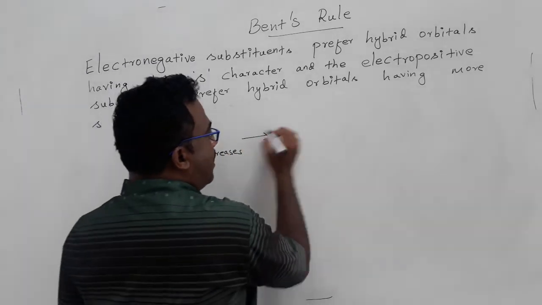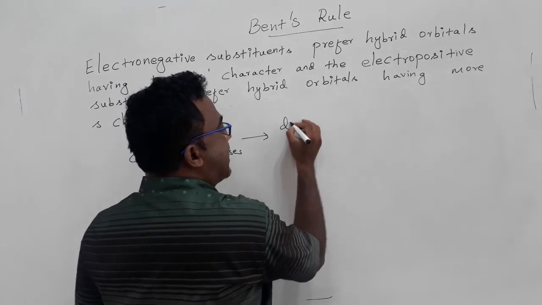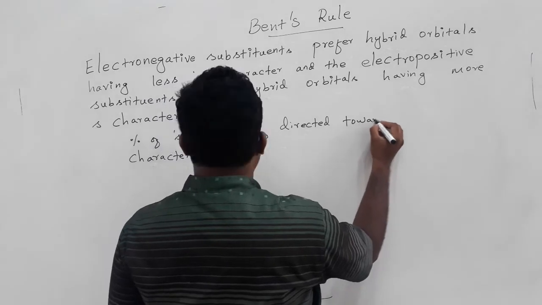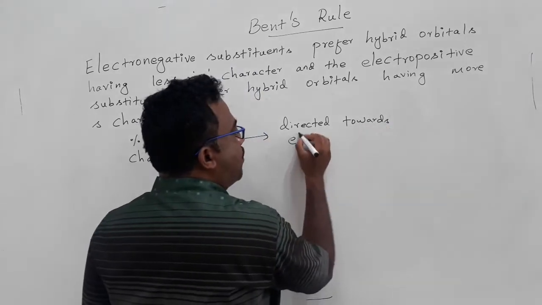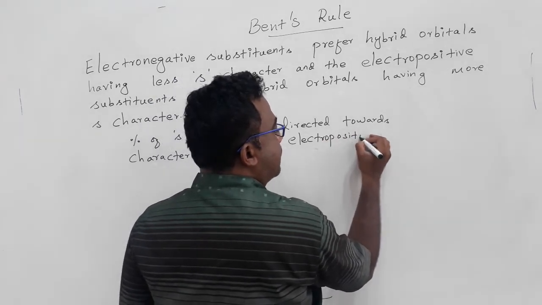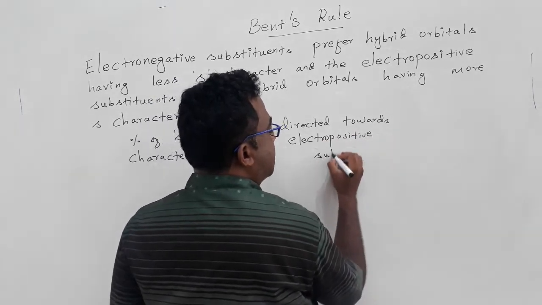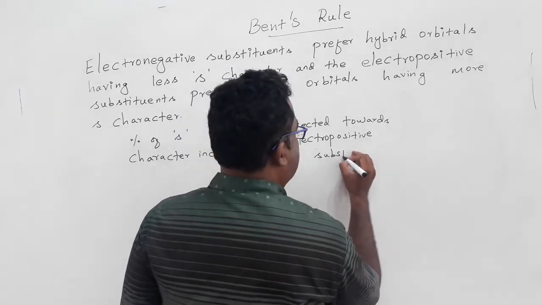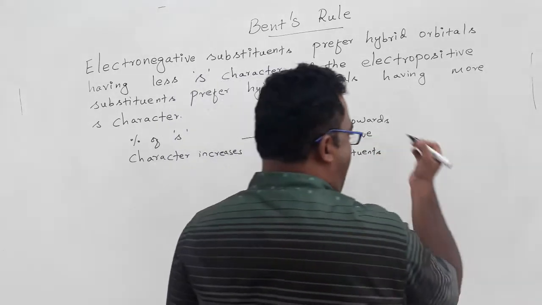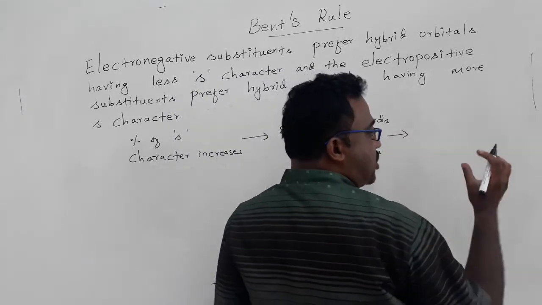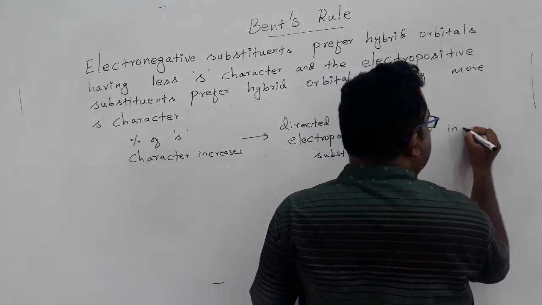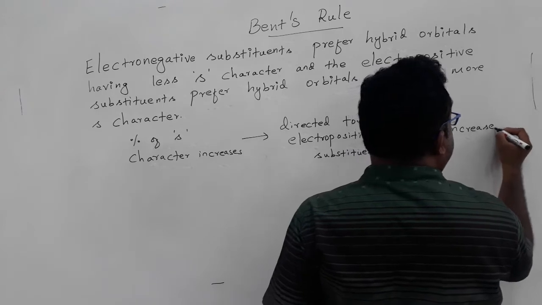Then that hybrid orbital directed towards electropositive substituents can undergo strong overlap to form short bond length and longer bond angle. Theta increases.